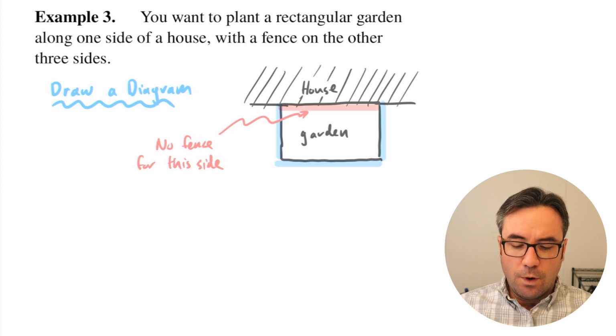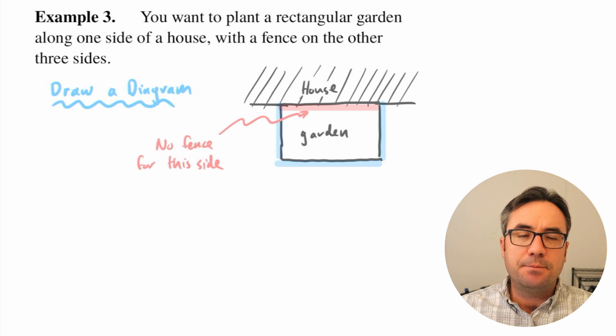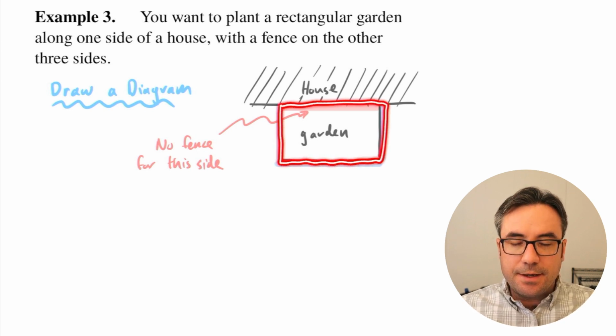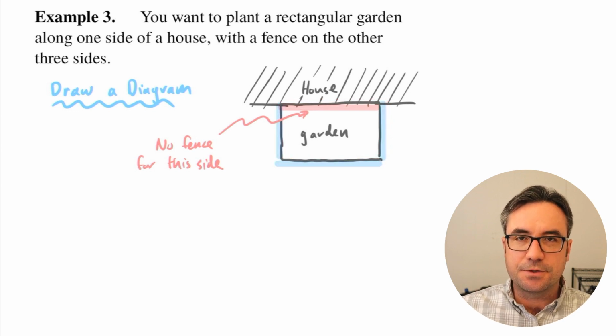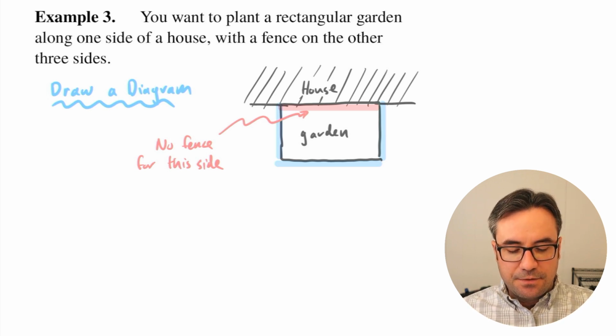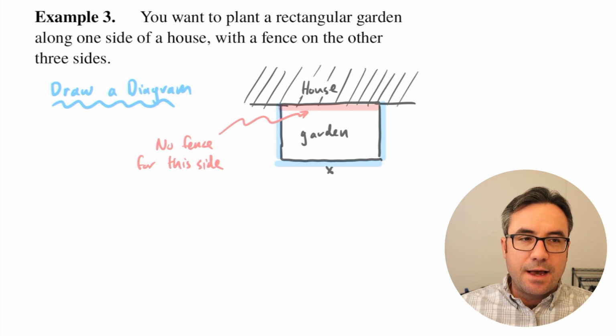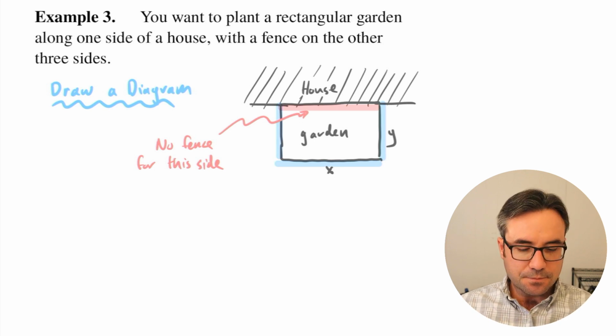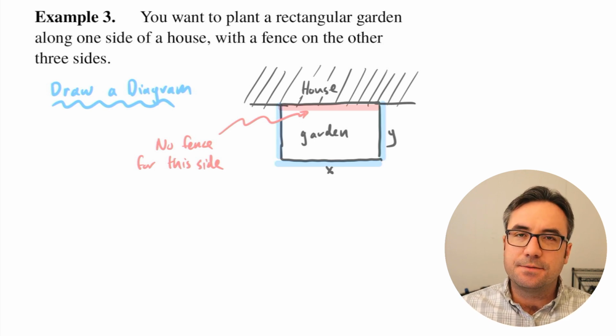All right, so once we have the diagram, we want to introduce some variables to help us out. When we talk about a rectangle, there's two dimensions: the length and the width. It doesn't matter which. Let's just give them a name. Let's call the length of this side X. And we'll call the length of the other side here Y. And rectangles, opposite sides, have the same length.